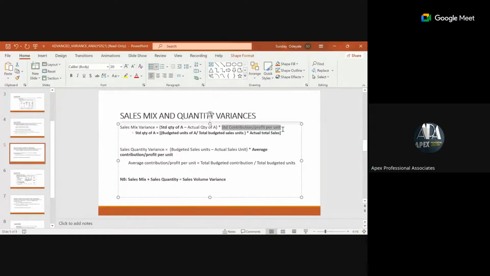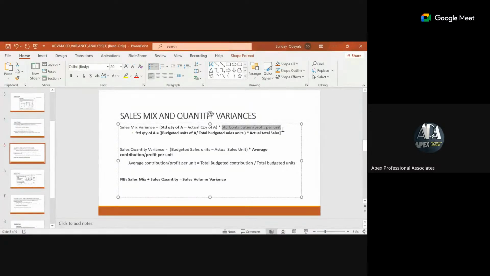So I will just use an example to explain that. You are following exactly the same steps. You have the same formula: standard quantity minus actual, while your standard quantity remains your budgeted unit divided by your total budgeted sales units, then times the actual total sales. That is that. So where we are going to dwell on is the quantity variance.